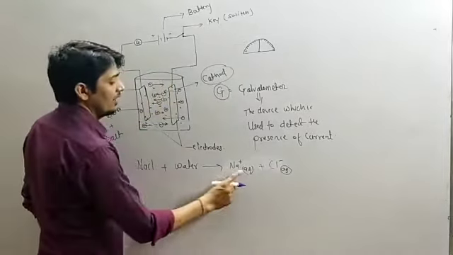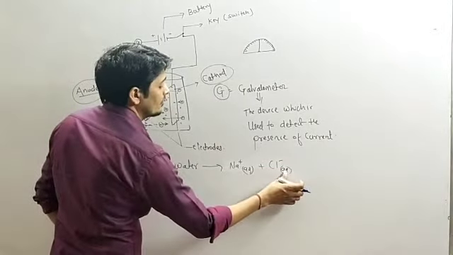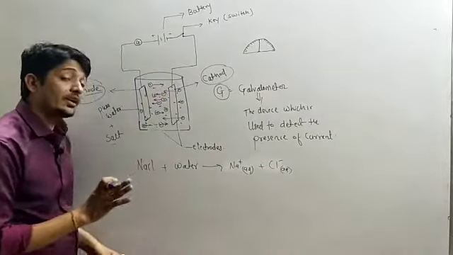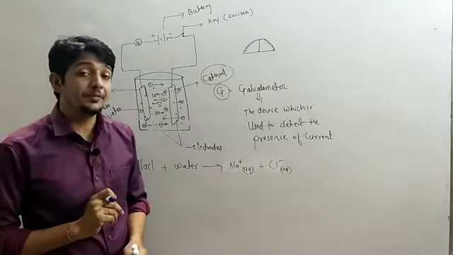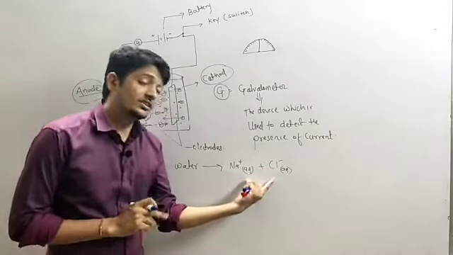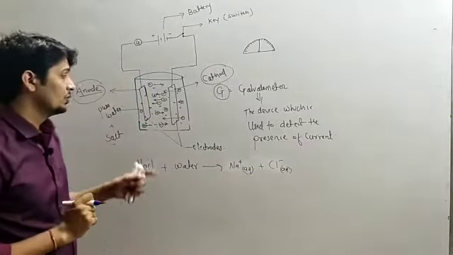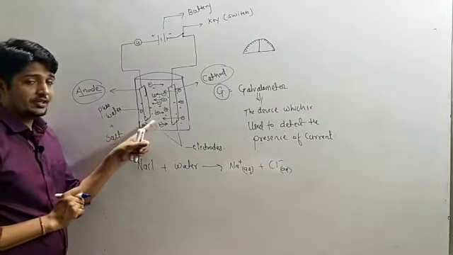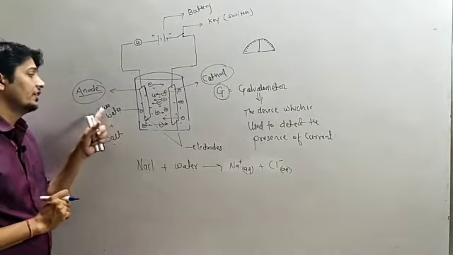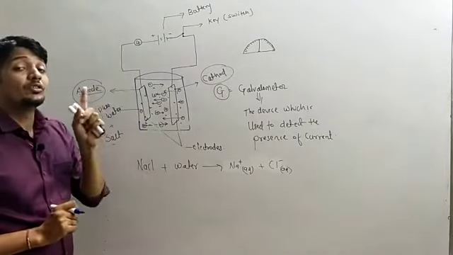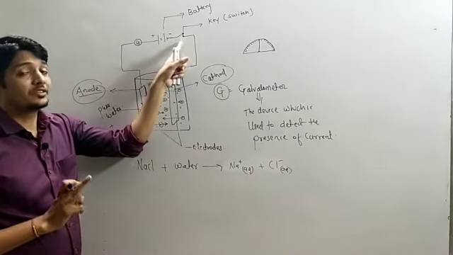So these are the ions that help in conduction of electricity. We can say here ions are the charge carriers. So in a salt solution in water, the galvanometer shows deflection when we plug the key.